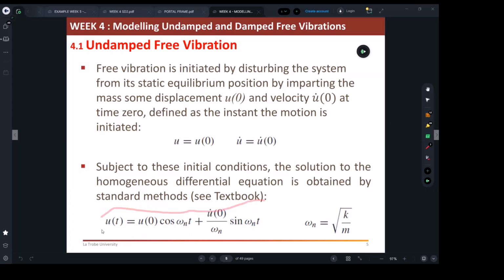If you take this equation and put it in an Excel and change t, which is the time, from 0 to whatever, it will show you a curve like this, because that's how it freely vibrates. That's how a system will freely vibrate, like a sine or cosine, which you can see here.